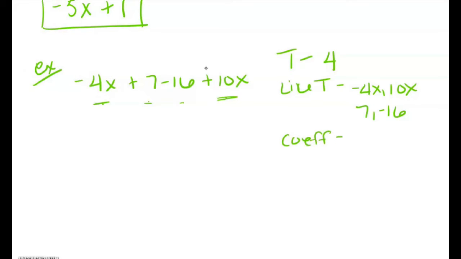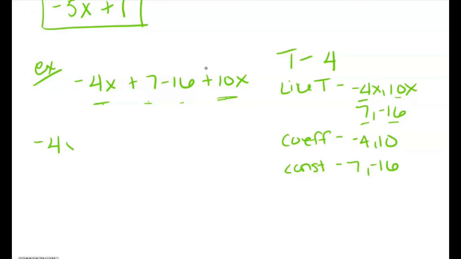For my coefficients, I look to the numbers in front of my x's, and I have negative 4 and 10. And then for my constants, what remains here are 7 and negative 16. Okay, now I'm ready to combine.